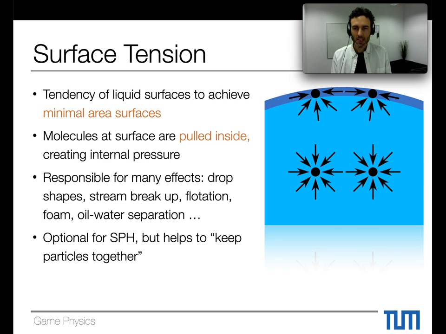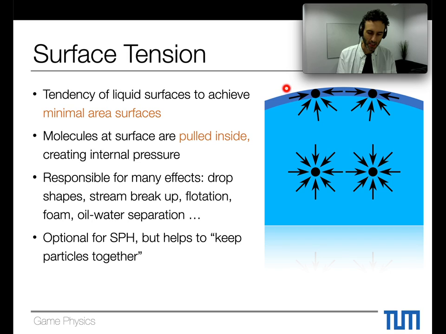This basically models the effect that in a normal fluid there is a kind of molecular force that essentially pulls the molecules into the fluid. You can imagine this as acting on the side of the particles and making sure that the particles are really surrounded everywhere by fluid.